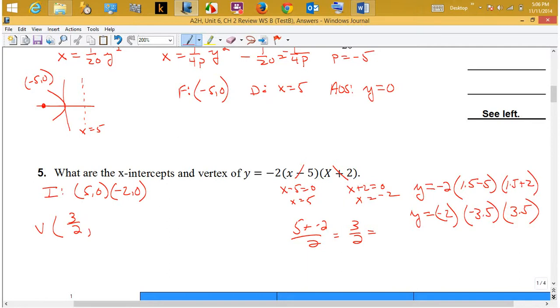So let me calculate those. And I got 24.5. So what I have is the vertex is 3/2, 24.5, or I could say that would be equal to 1.5, 24.5.